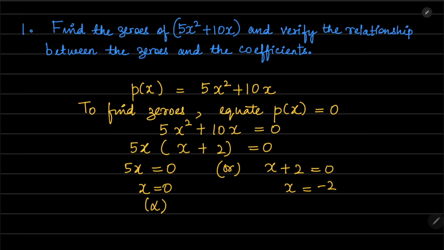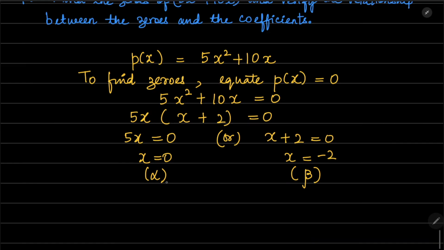Let one of them be alpha, let the other one be beta. Now let us write the coefficients. So these are the zeros. Therefore, zeros are x equal to 0 and x equal to minus 2.